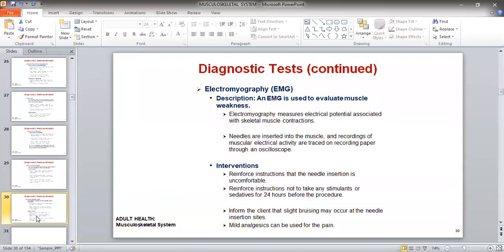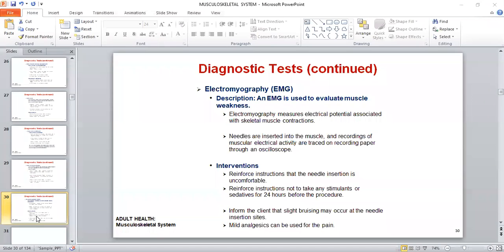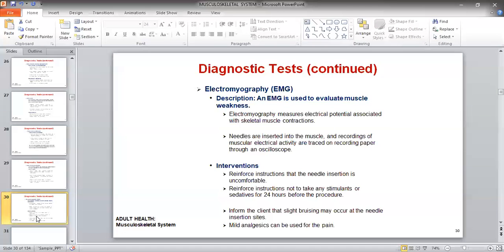Or if we give a steroid in injectable form, it is called therapeutic, right? So X-ray, bone scan, MRI, arthroscopy, and also arthrocentesis. These are the most important diagnostic tools for the musculoskeletal system.